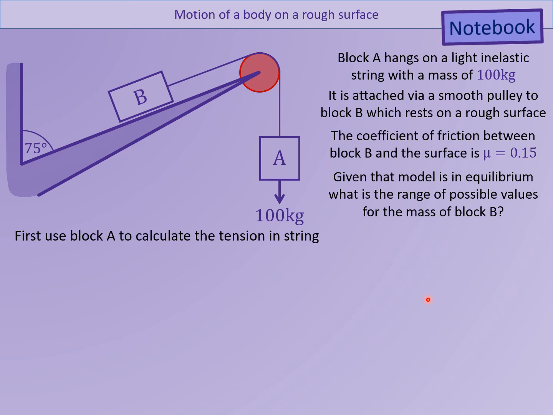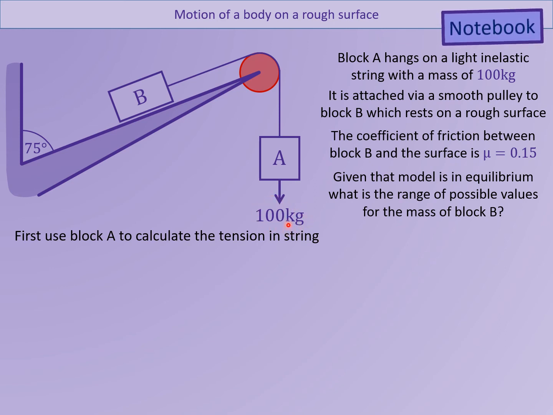So the first one we're going to look at is block A. Block A has pretty much got nothing to do with this, but it is going to allow us to work out what is pulling the B value up the slope. Well, A has only got one force acting on it, and that's its weight pulling straight down. It's got a mass of 100 kilograms.